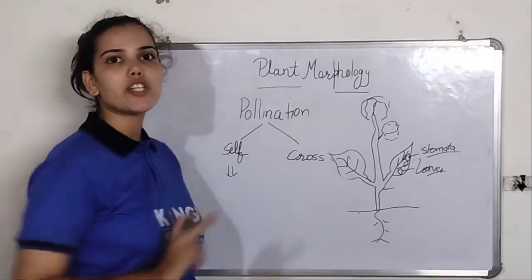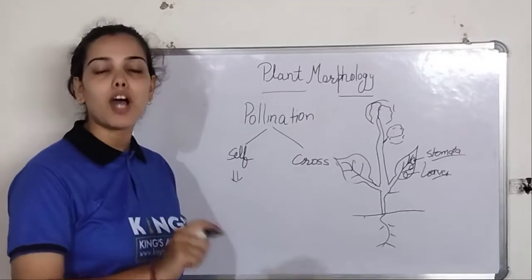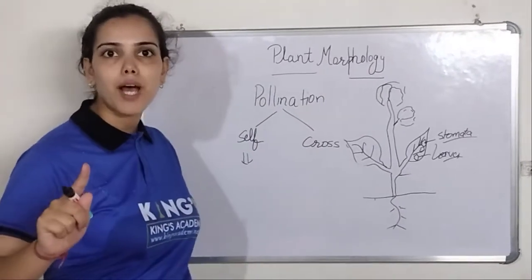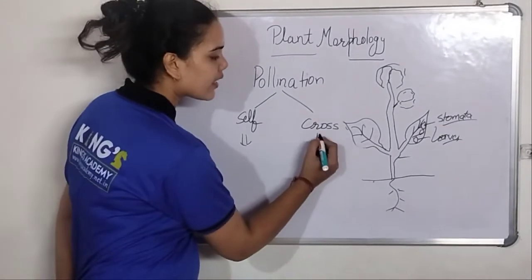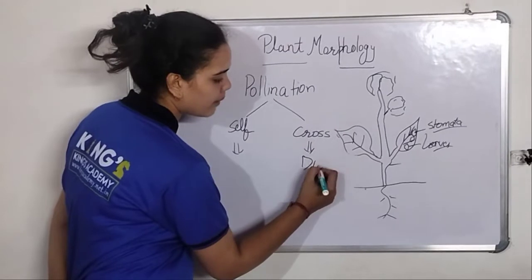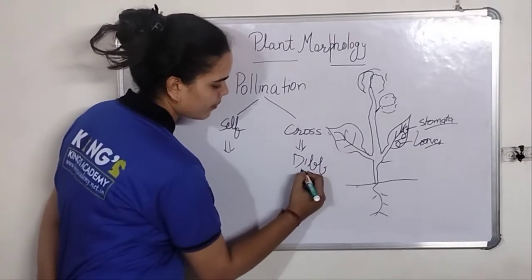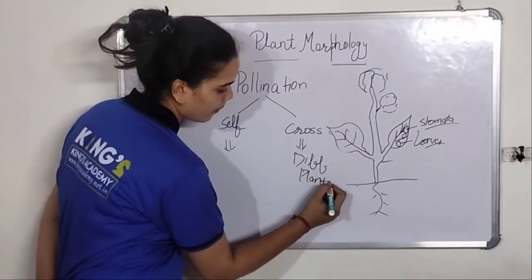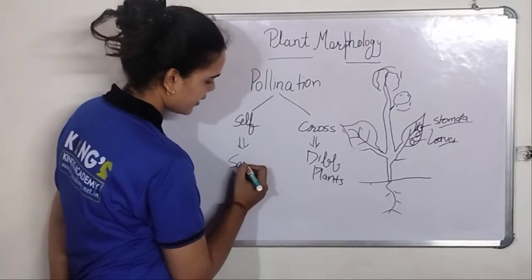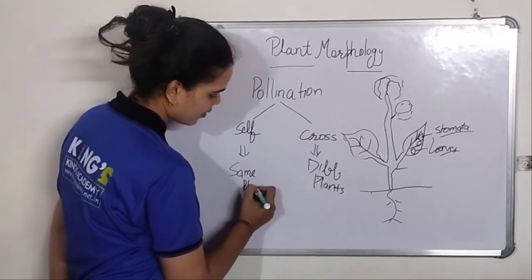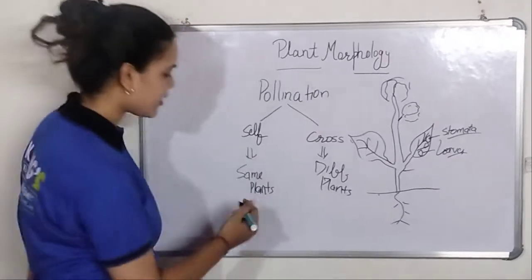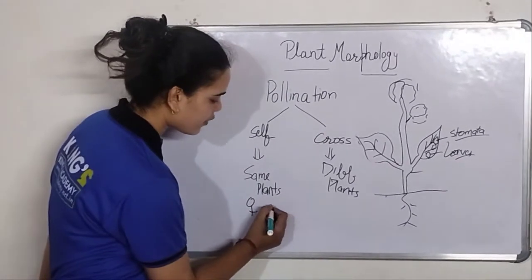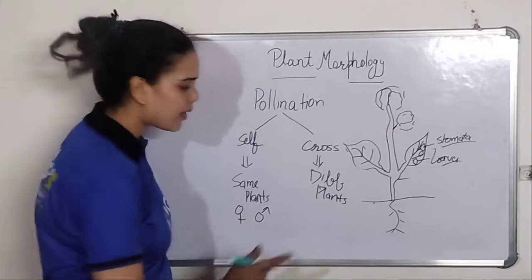Cross-pollination occurs when the male part of the plant fuses with the female part of another plant, not of the same plant. It occurs in different plants, whereas self-pollination occurs in the same plant, where male and female are present on the same plant.